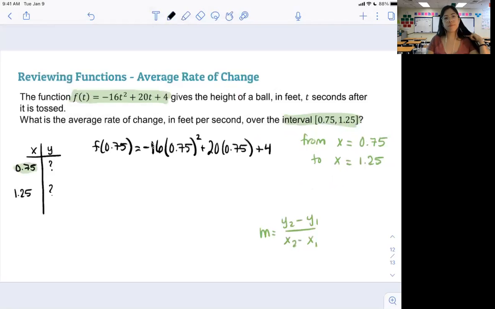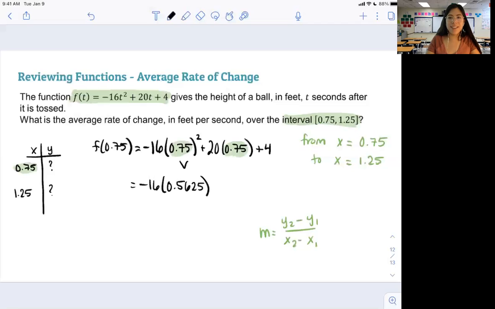Here we go. Quickly now, because my time's running out. 0.75 to the power of 2, I get 0.5625.